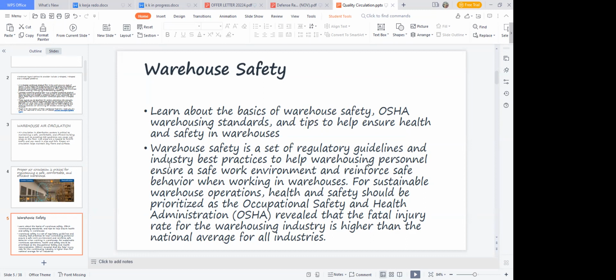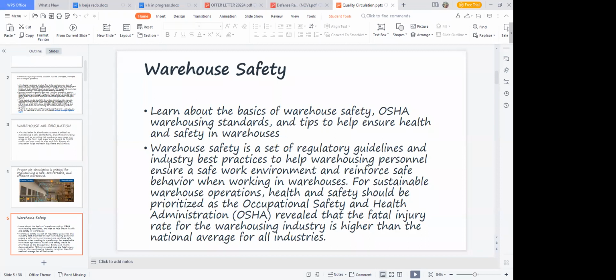So warehouse safety is something like a regulatory guideline, legal guideline, and industry best practice, to ensure a safe work environment and safe behavior.